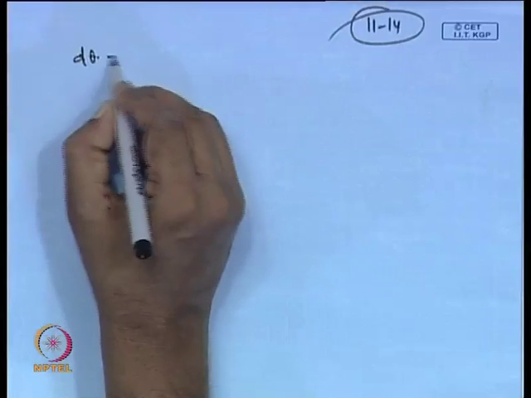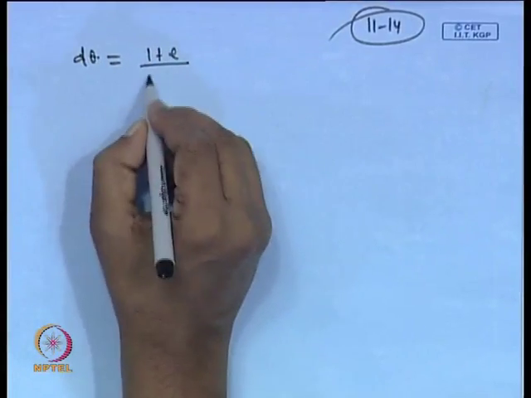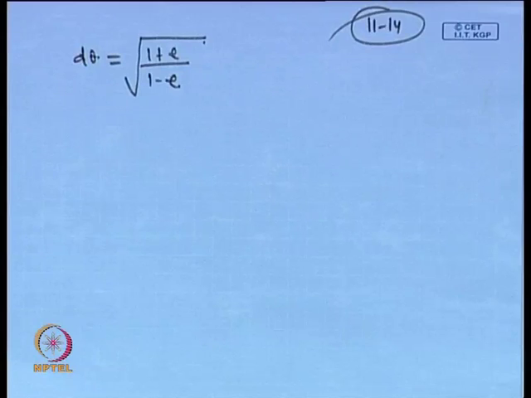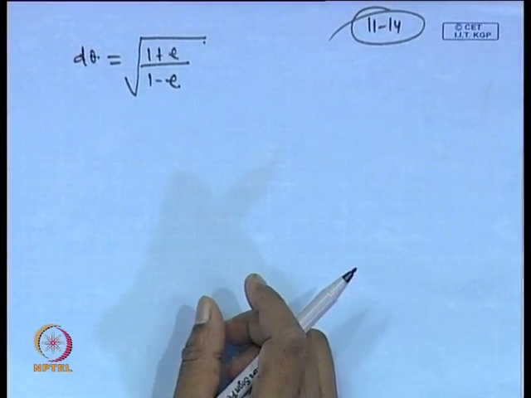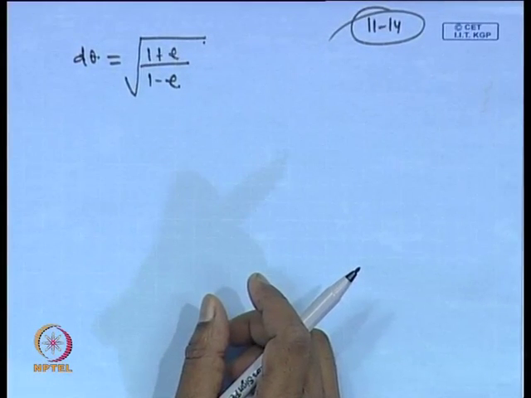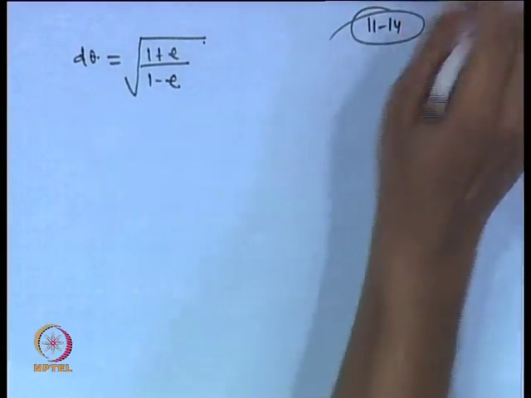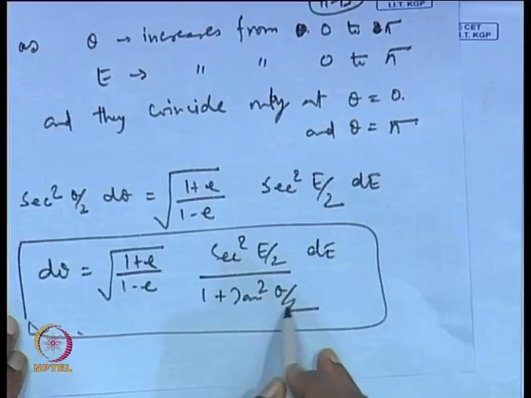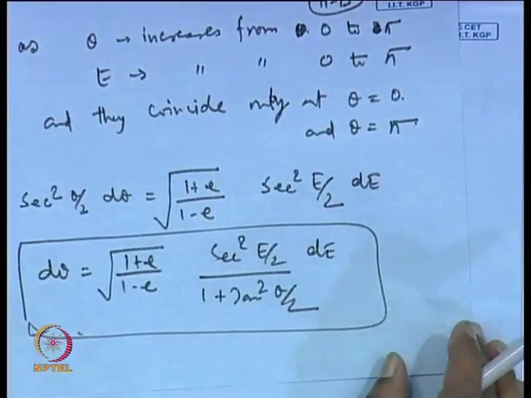Okay, so finally, we can write d theta equal to square root of 1 plus e by 1 minus e, and because we want to express everything in terms of the eccentric anomaly, we need to replace tan theta by 2 in this equation in terms of the eccentric anomaly.